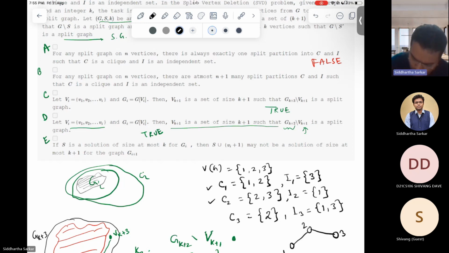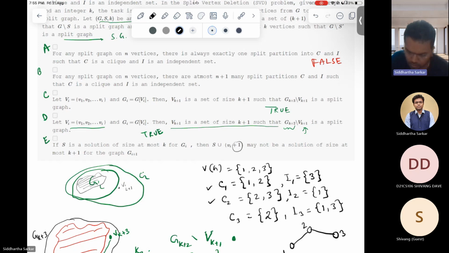Then with this solution, if you also add v_{i+1}, I think there is a typo here. The plus 1 is supposed to be in the subscript. Otherwise, it does not make sense.